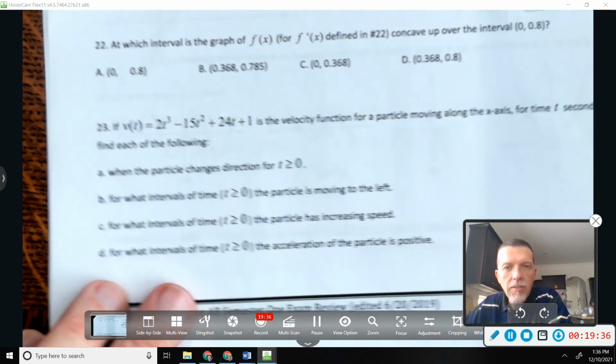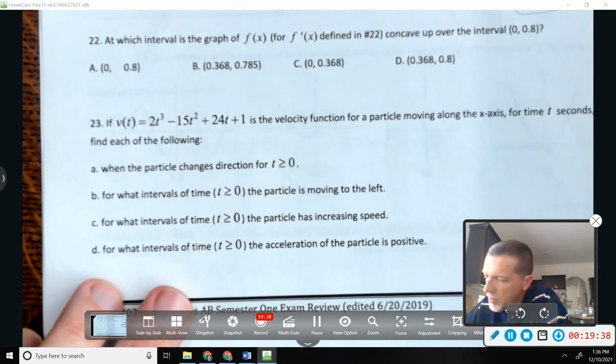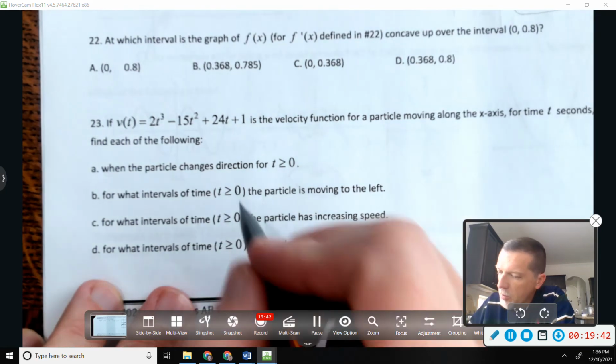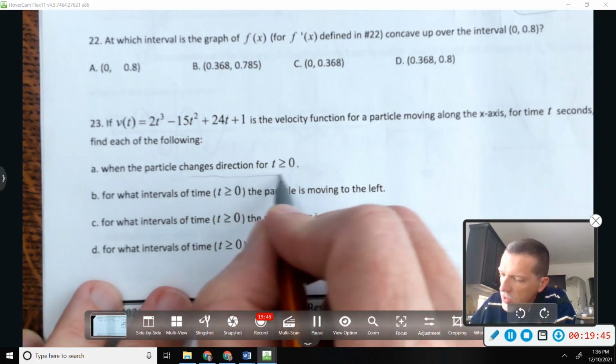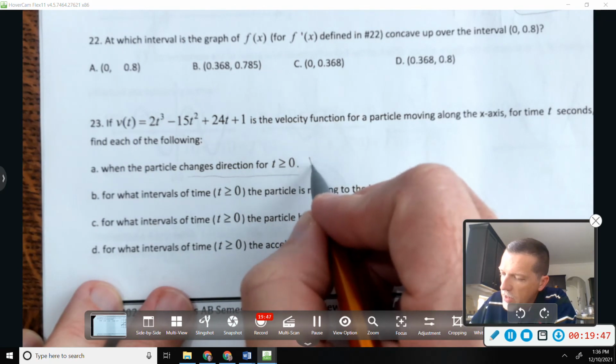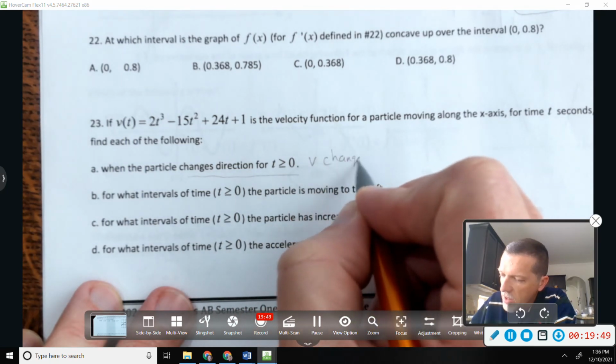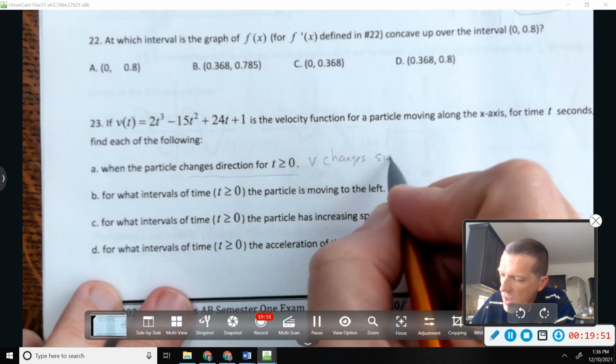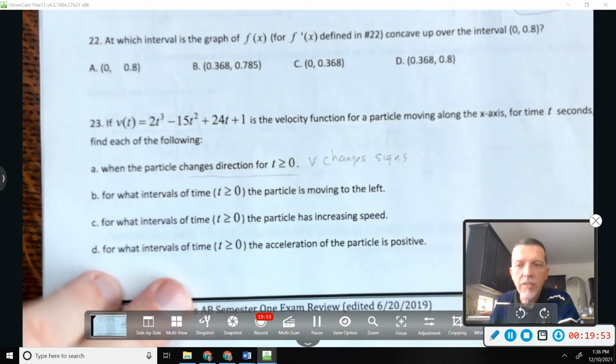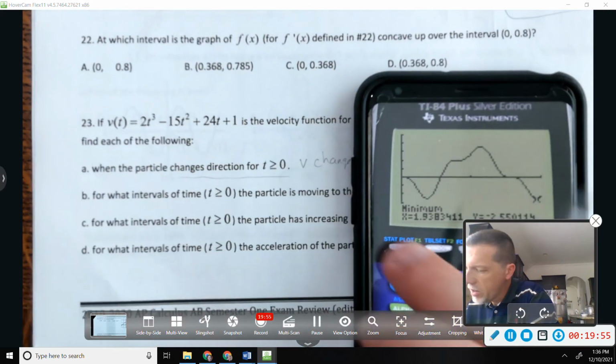23. If velocity equals all of that, find all these things when the particle changes direction. So that would mean v changes signs. Well, I don't want to solve that for 0, but that's why I have a calculator.